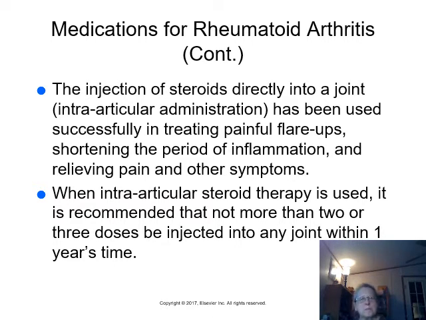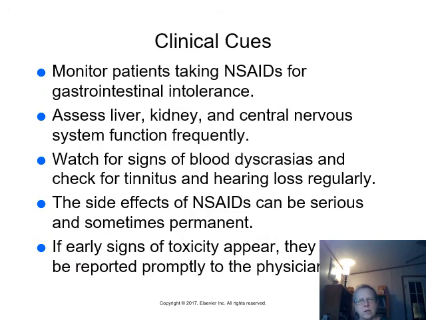If they have steroids directly into the joint, remember it's only temporary. We're going to assess the site as well, and this is just trying to manage the pain and flare-up and preserve the joint.